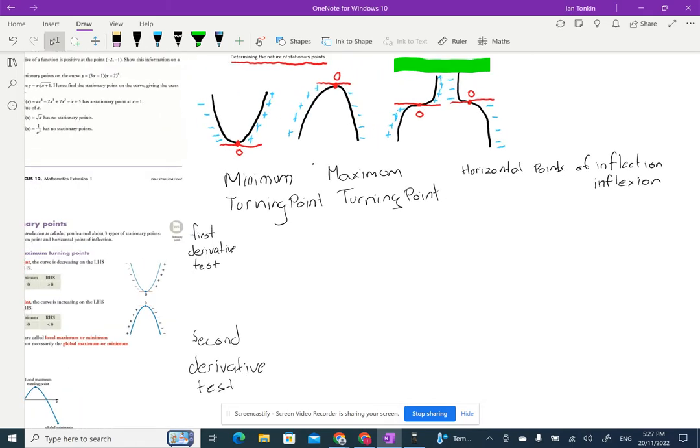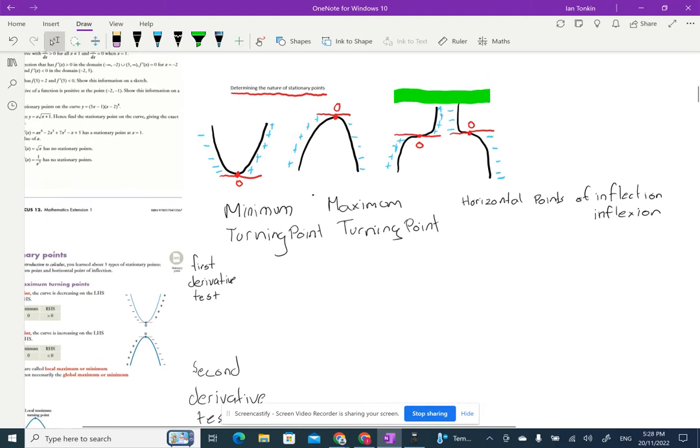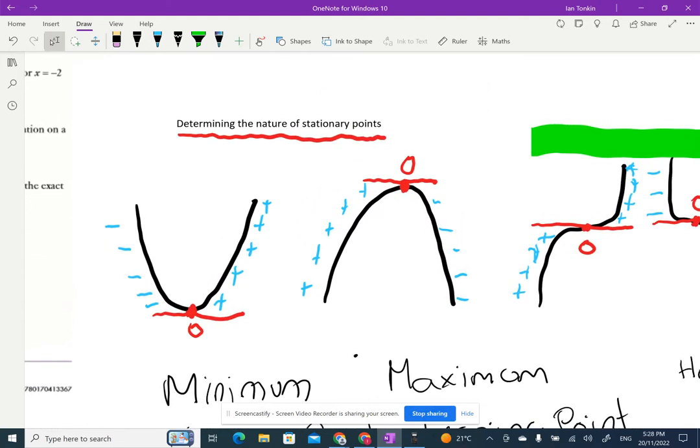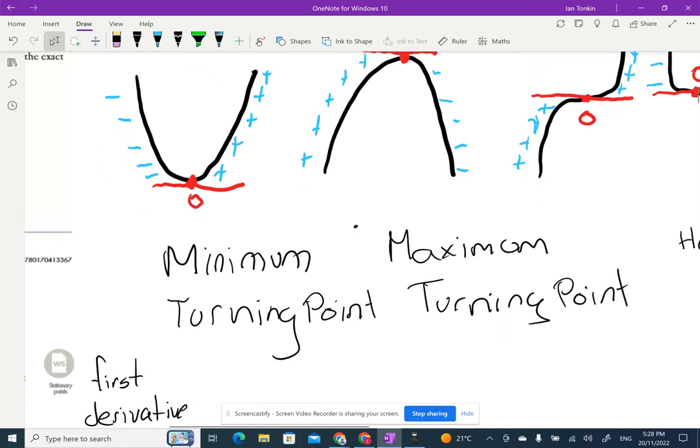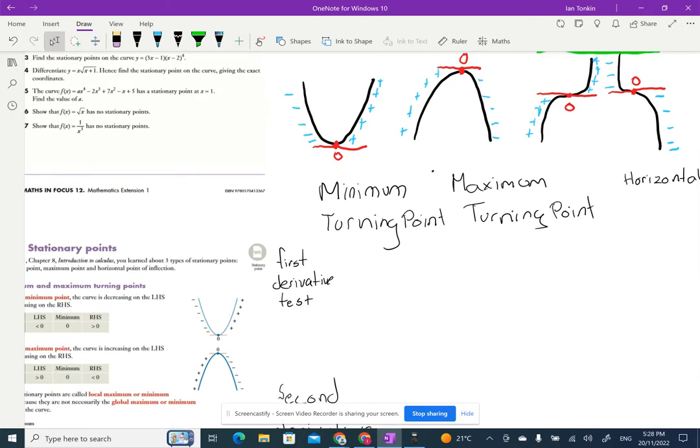So we have to determine, when we find a stationary point, what it is. We have to determine its nature. So to do that, we look either side.